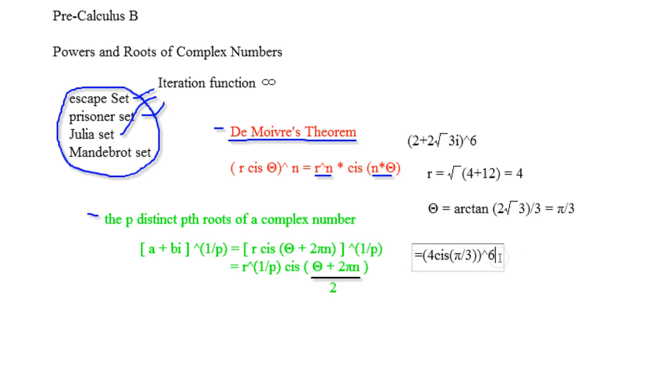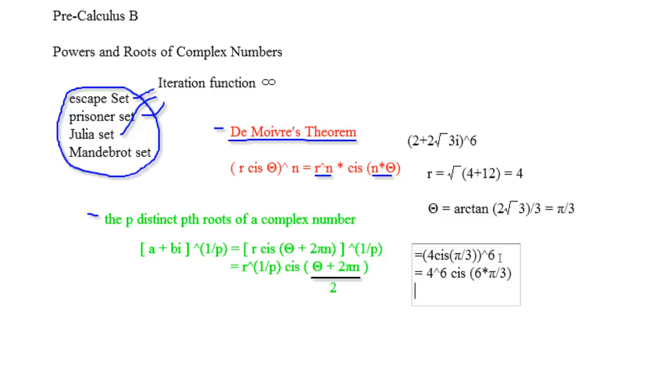The reason all this came about is that back in the day they didn't have calculators that could do these calculations, so they had to come up with different methods, and one was converting to polar complex. So this becomes 4 to the 6, times CIS of 6 times pi thirds.